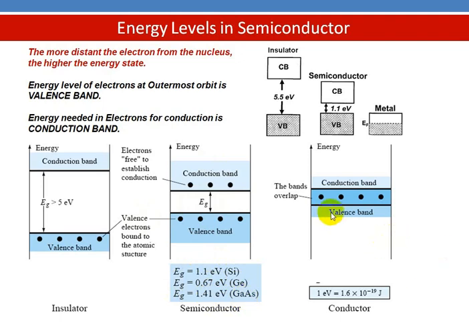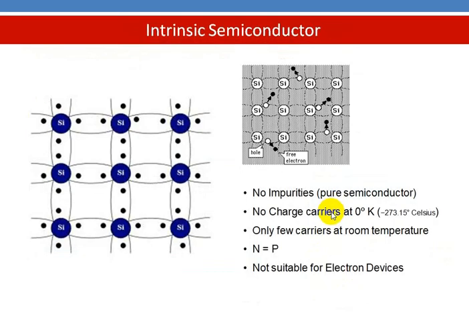For metals, the conduction band and valence band overlap each other. So the energy required is very small. It is 1.6 into 10 to the power minus 19 joules. A very small amount of energy is required to move electrons from the valence band to the conduction band.